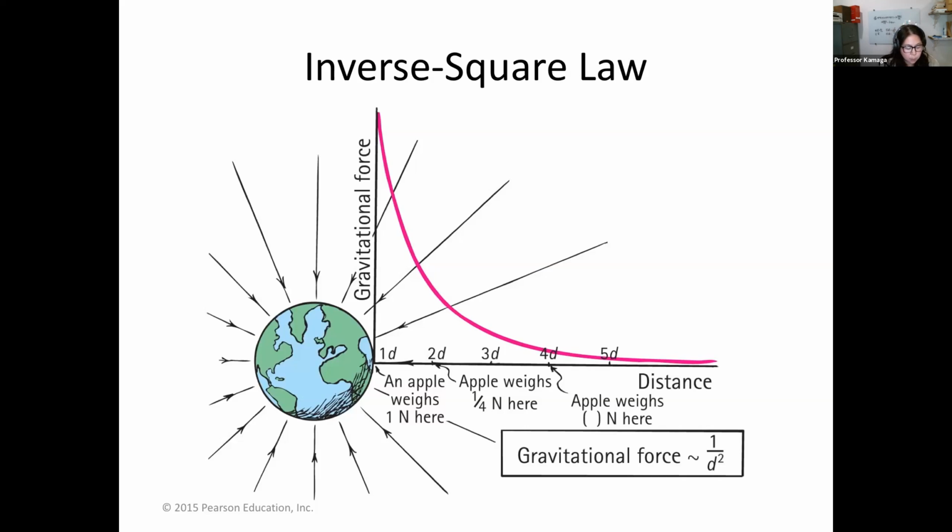So that's less than 1 radius above the Earth, around here. What does it mean? The satellite is around here, so you're still going to have a significant gravitational force exerted on a satellite up in space. So we're going to talk more about this in the next video.